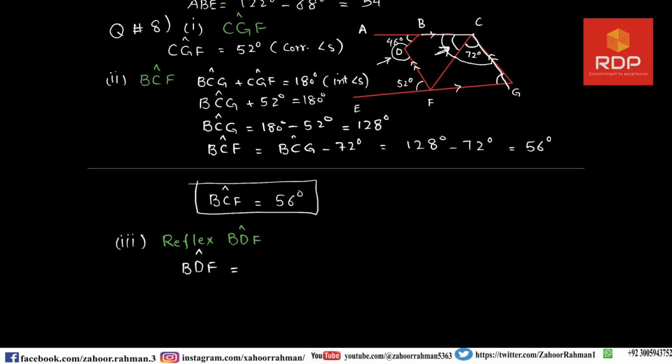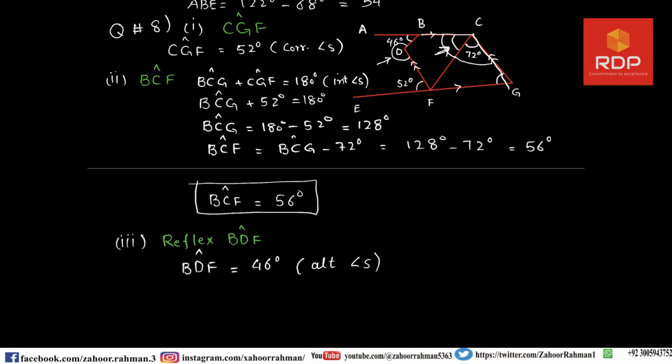And if I am telling you that this is equal to 46, then you have to be in agreement with me, because I am writing it because of the theorem of alternate angles. Because AC line is parallel to PQ line.